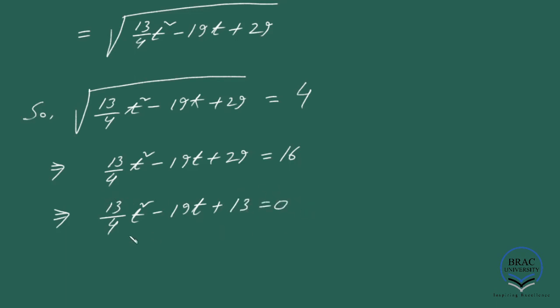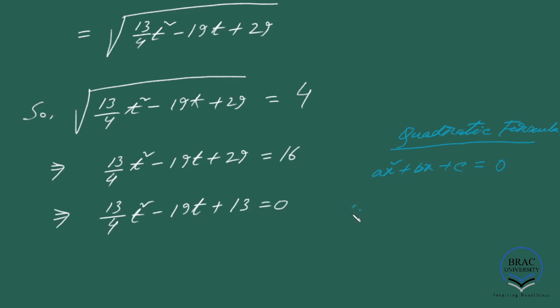Now this equation looks like a quadratic equation, so we can apply the quadratic formula. Let me remind you what the quadratic formula is. If we have ax squared plus bx plus c equal to 0, this is a quadratic equation.